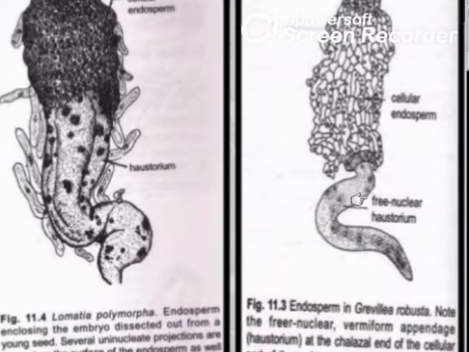That means this part is composed of only free nuclei. No cell wall formation has taken place. So half of it is cellular, half of it is nuclear.